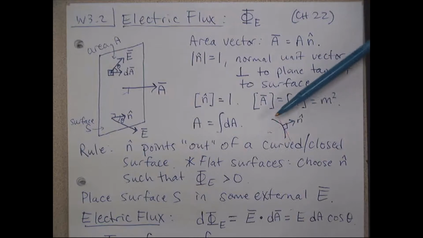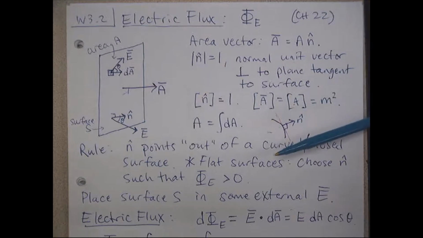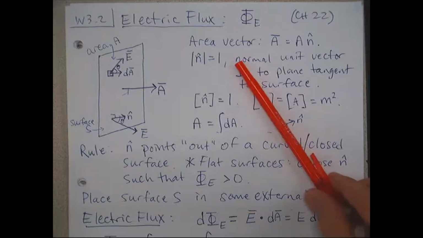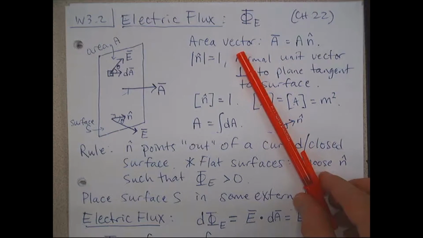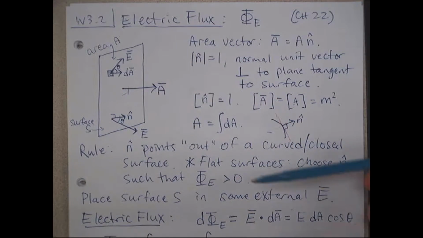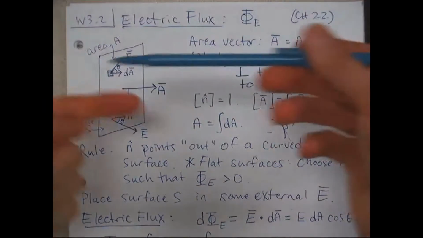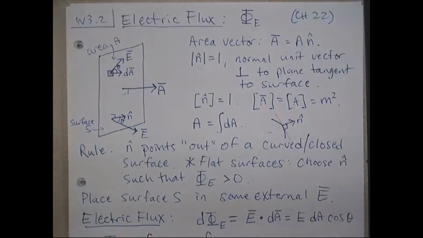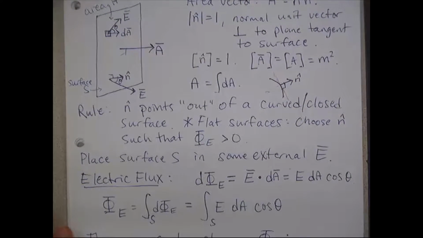So if there is an identifiable concavity or convexity to your surface, you want to imagine the normal line to that surface or the normal plane to the surface, and then your normal vector will be perpendicular to that. If you have a flat surface, there's some ambiguity about which way to draw your area vector. Often we will just pick something convenient that will make the electric flux positive, but in that case the sign of your flux is completely dependent on how you define that area vector.